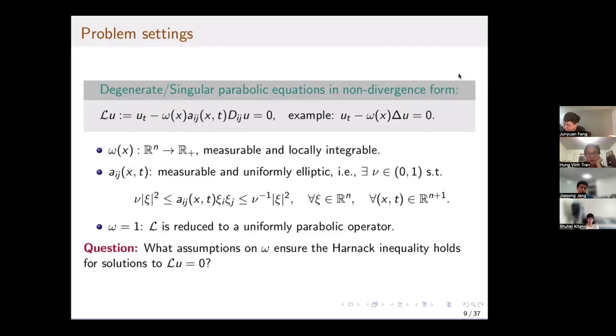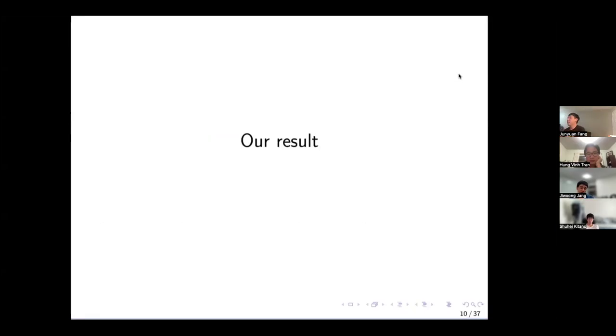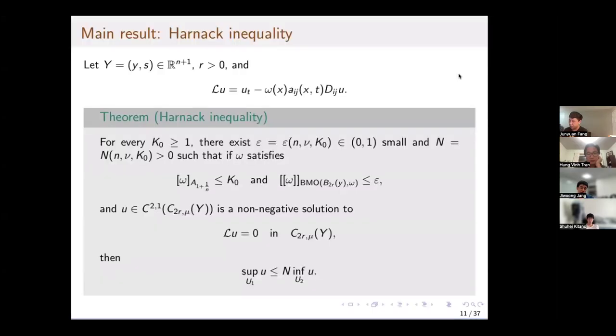Okay, so here are our results. Let me introduce our result first. For example, let capital Y be the point (y, s), where little y is the spatial variable and s is the time.